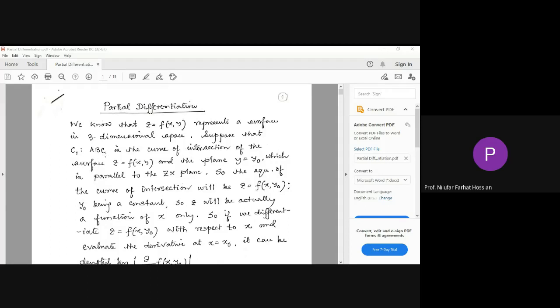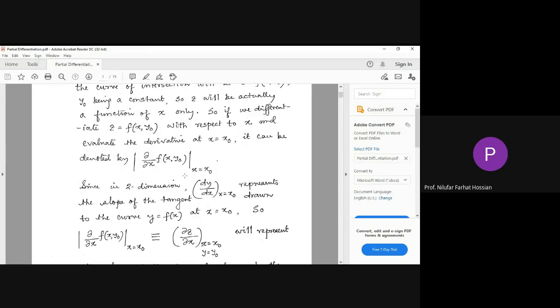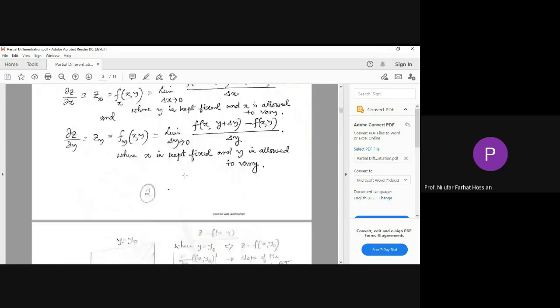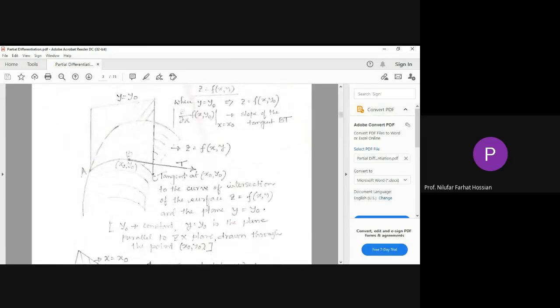Suppose that ABC, which is named C1, is the curve of intersection of the surface z equal to f of x, y and the plane y equal to y naught, which is parallel to the zx plane. I'm showing it in the figure, in the next page. Can you see the figure?